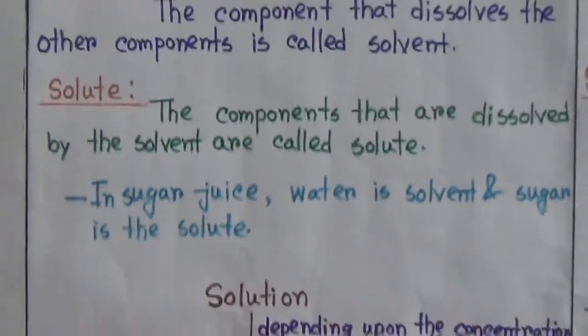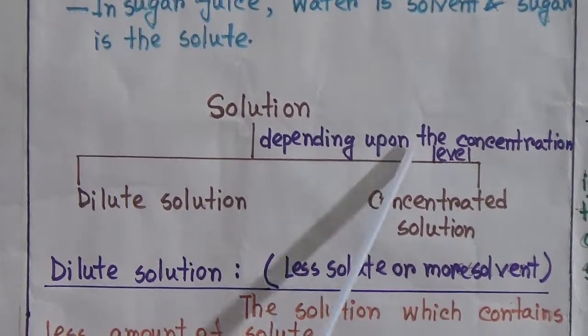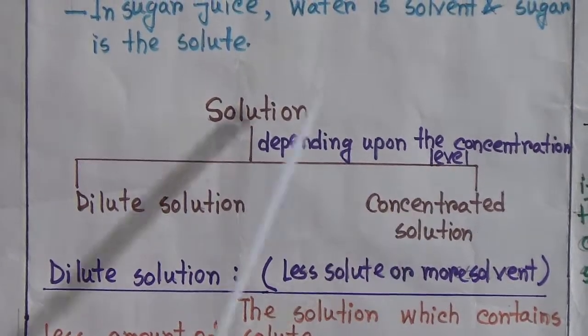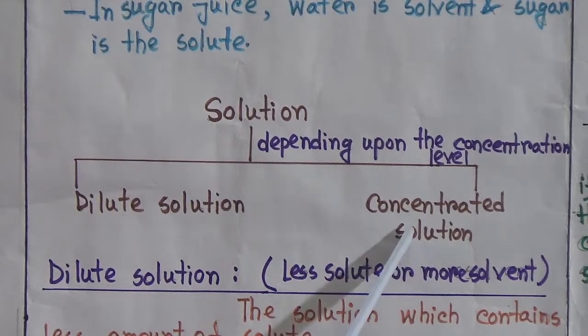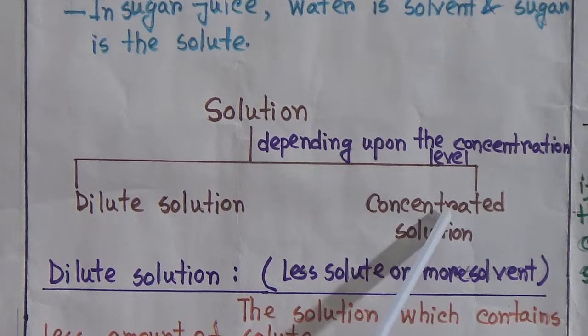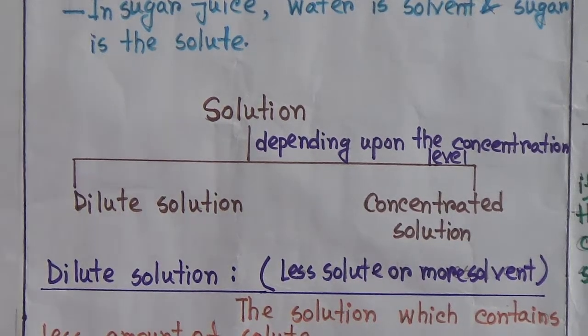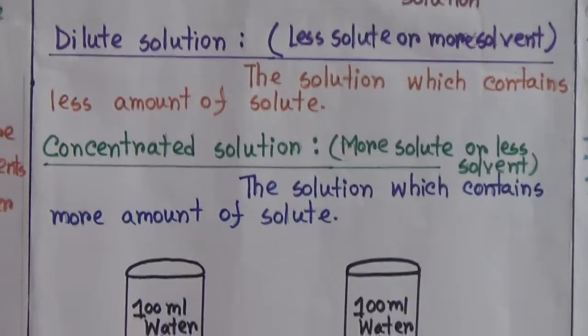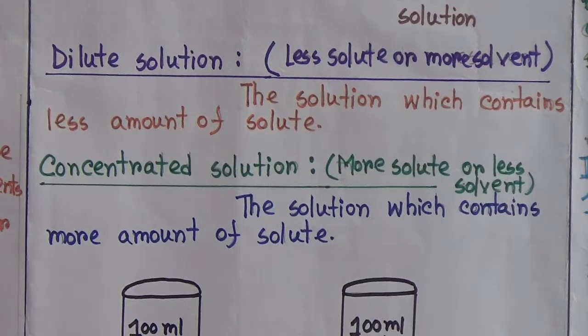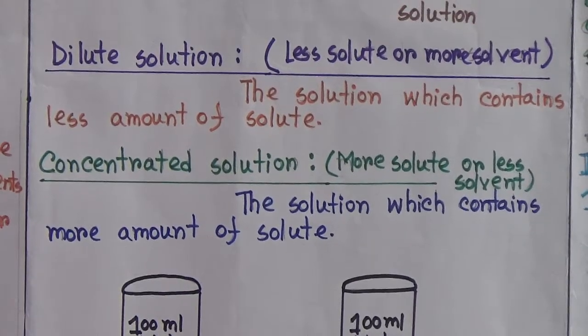Now come to the different types of solution. Depending on the concentration level, we can divide solution into two types. First one is dilute solution, second one is concentrated solution. Now let's prepare a dilute and concentrated solution. We know that solution is a kind of homogeneous mixture.